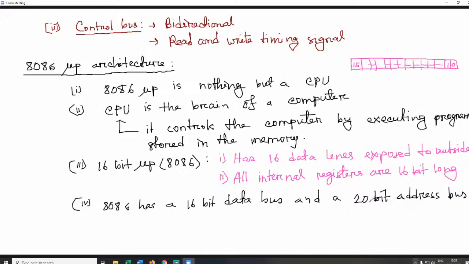If you want to calculate the internal memory for 8086, a 20-bit address bus means the address has 20 bits. So what will be the starting address? Starting address should be 00000 hex, right? Is that clear?